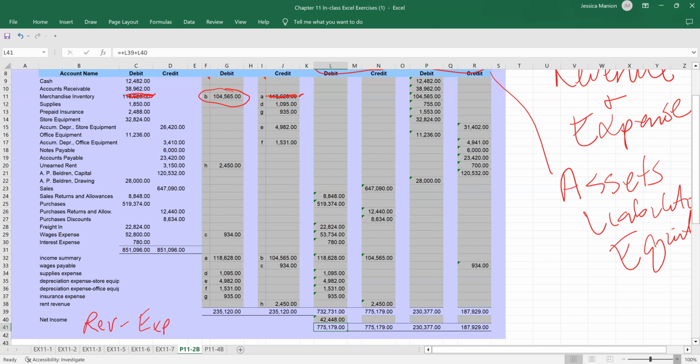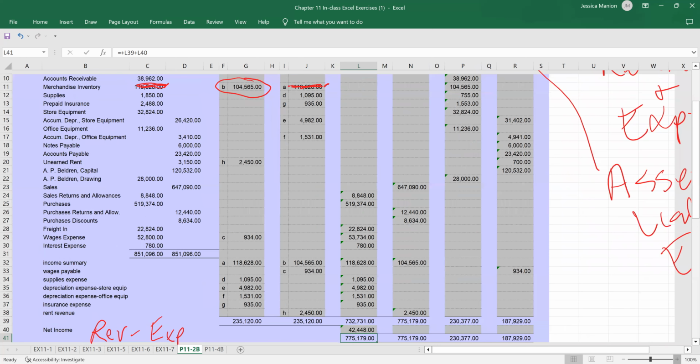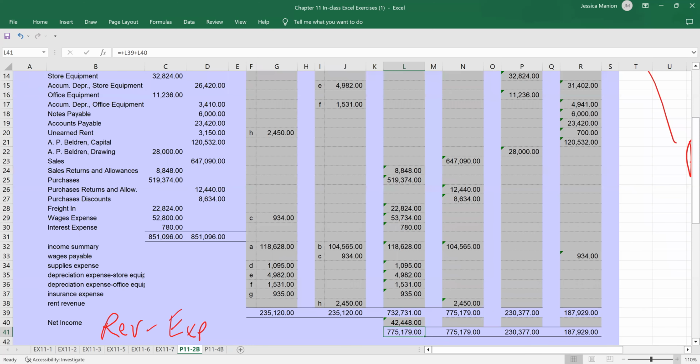So we've got a check figure, 42,448. If we look in the book, that is our check figure for net income in the book. So we know we're on the right track. And that should also be the difference between debits and credits. So remember that debits and credits on the balance sheet.